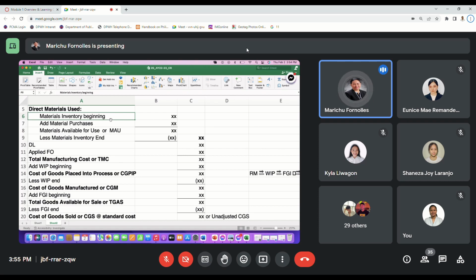So on July 3, where will you write 250 yards? Where will you write the 250 yards? Consider yourself as the warehouse in charge or the bodeguero.